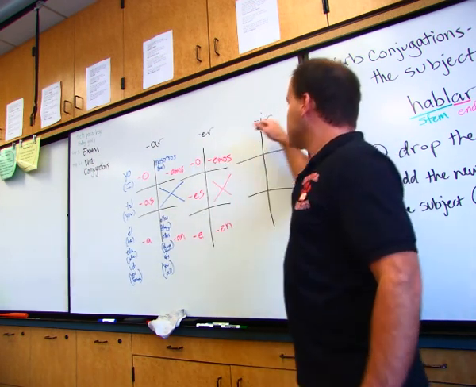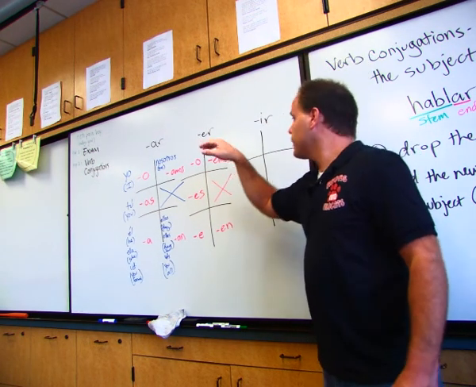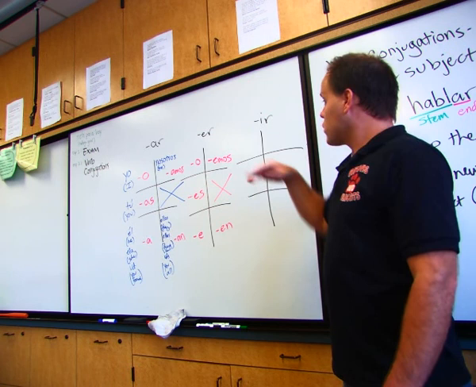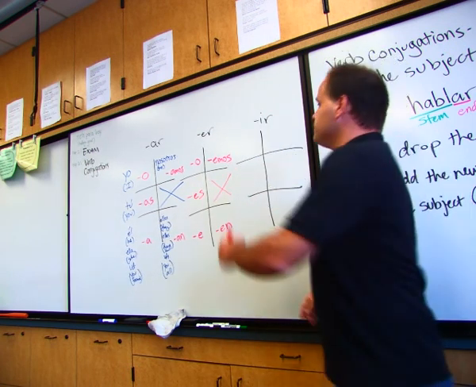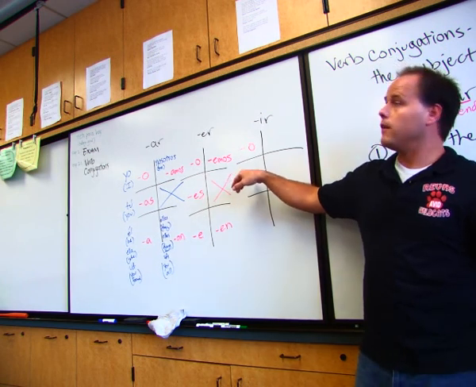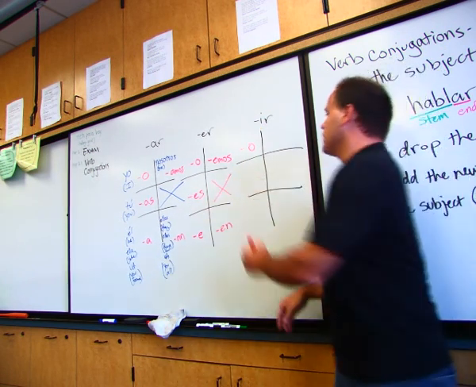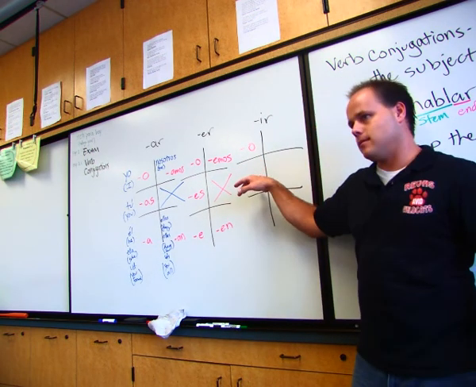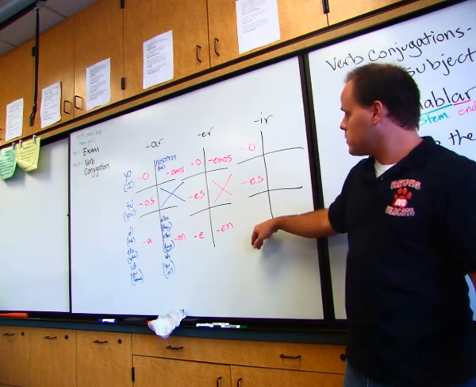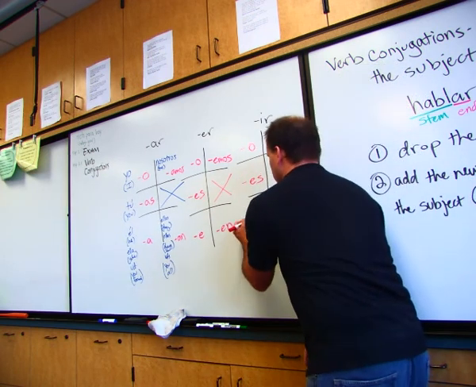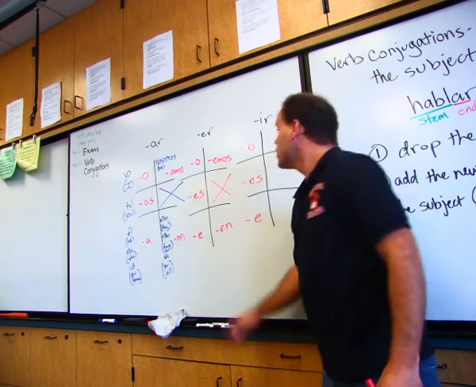Moving on to the IR verbs, like vivir. If we want to say I live, we take vivir, drop the IR, and we add what? O. Yo vivo. If we want to say you live, we drop the IR and we add es. Vives. Same for usted. If we want to say he or she lives, we drop the IR and we add E. Nosotros.